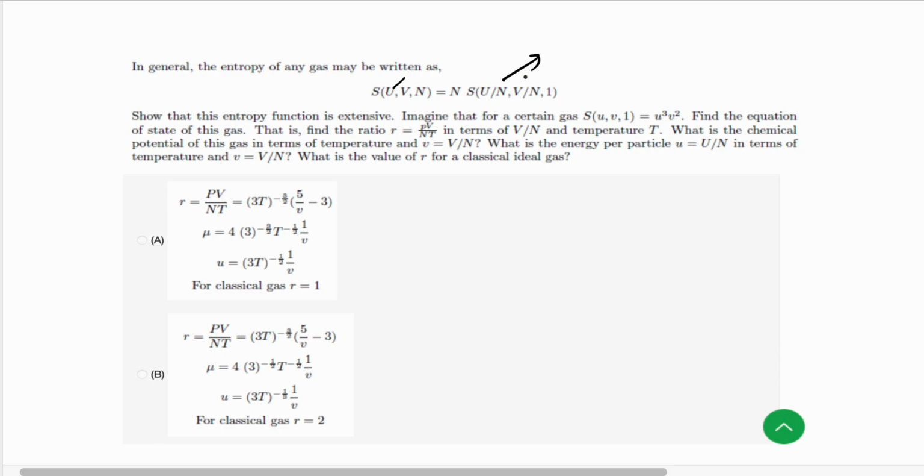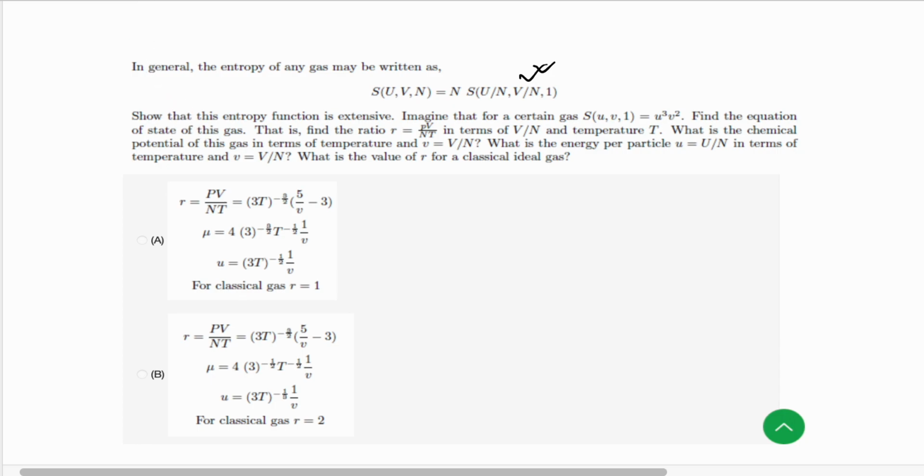Since S is an extensive property of the system and U, V, N are also extensive properties, you can always write the entropy like this.